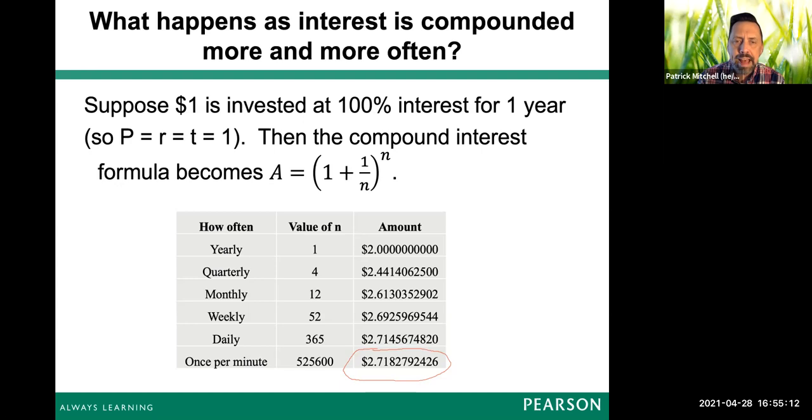Yes, I know it's not exactly that. If I compounded your interest once per second, it would be a little closer to that. This is our new friend, the number e, or very close to it.